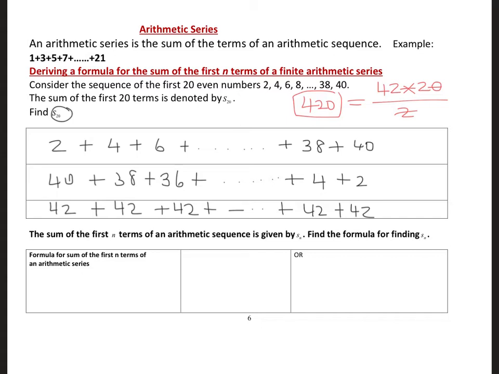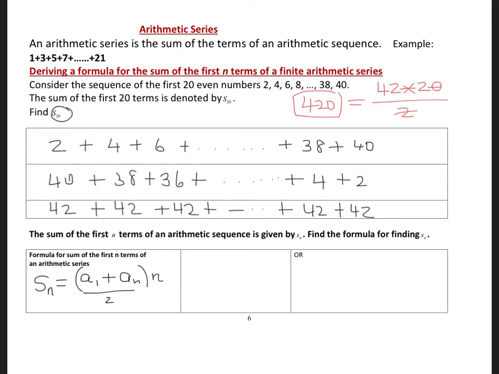So using this idea, how can I come up with a formula? If I need to find the sum of the first n terms, the formula for n terms can be given by the first term plus the last term, then I divide by 2, and then I multiply by how many terms I have, so times n.